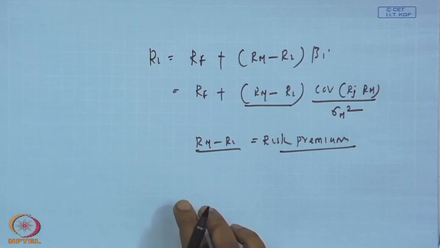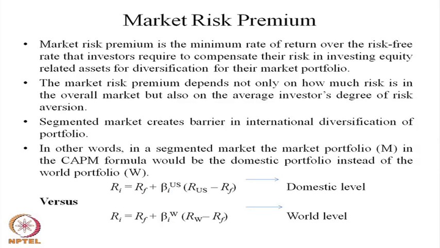So why does the market premium arise? It arises because the individual is investing in a risky asset, that is equity, and is supposed to get a premium for investing in the risky asset. The market premium is related to the market risk, that is the volatility of the index, and also to how much risk the person is going to absorb.